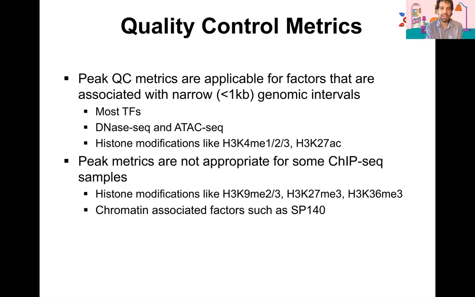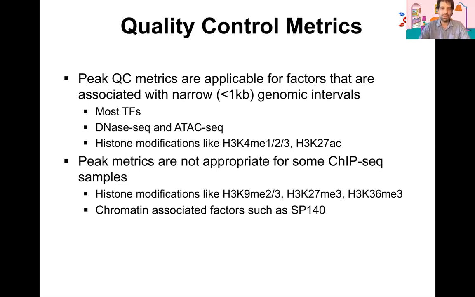But for some ChIP-seq samples, for example histone modifications associated with repressive chromatin, K9 methylation, K27 trimethylation, and so on, these QC metrics are not really the best way to evaluate quality. Unfortunately, we don't really have great QC metrics for these.